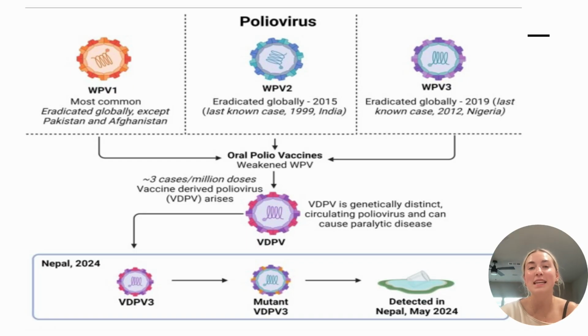VDPV is genetically distinct and can cause paralytic disease just like the wild poliovirus. For example, in Nepal in 2024, a vaccine-derived strain was detected. This shows that even as we approach eradication, surveillance and high vaccination coverage still remain essential.